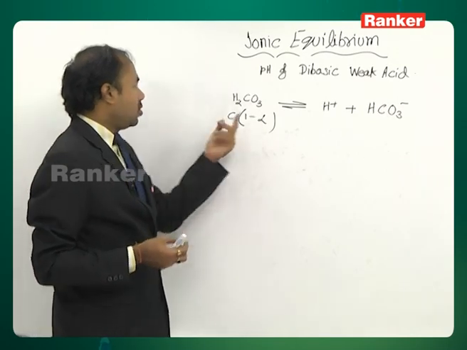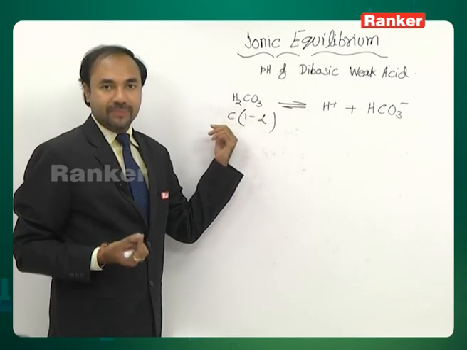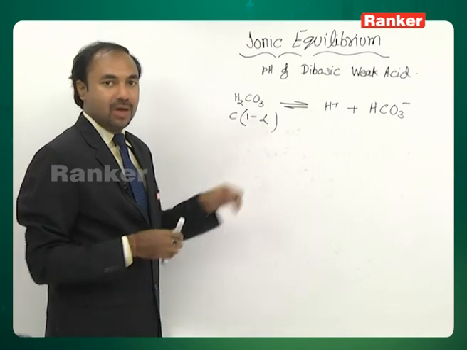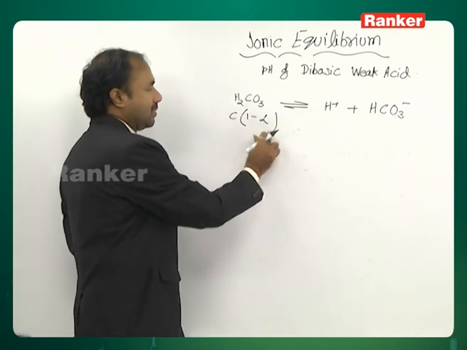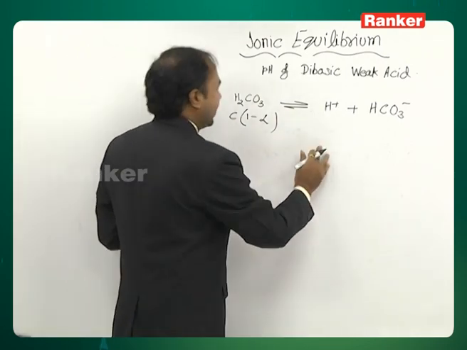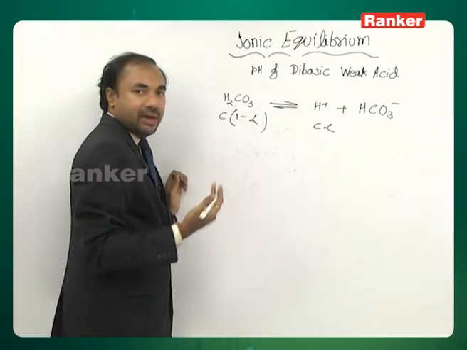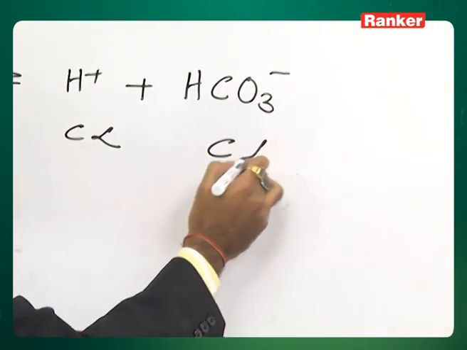Suppose its first degree of dissociation is alpha. So we put here C into 1 minus alpha. Now concentration of H plus coming from first dissociation will be C alpha and bicarbonate ion will be C alpha.